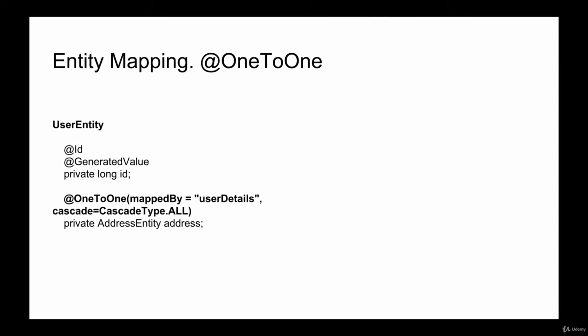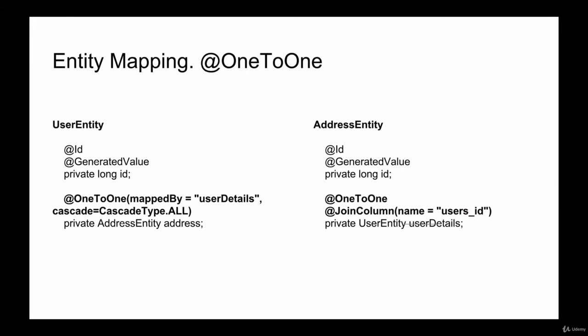For example, have a look at how we will include the address entity into the user entity if we were creating a one-to-one relationship. When we establish a one-to-one relationship, we tell that this user can have only one address. And now have a look at how we would annotate the address entity to establish a one-to-one relationship and to create a joined column in the addresses table, which will keep the value from the users table with which these two records will be linked together.